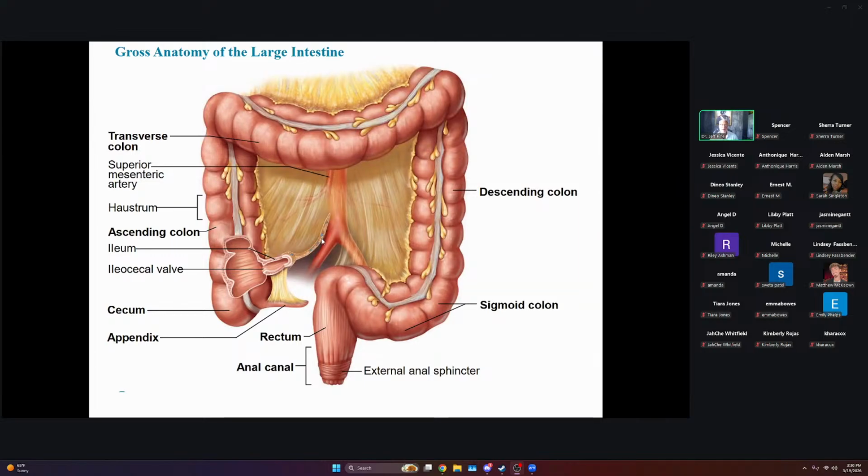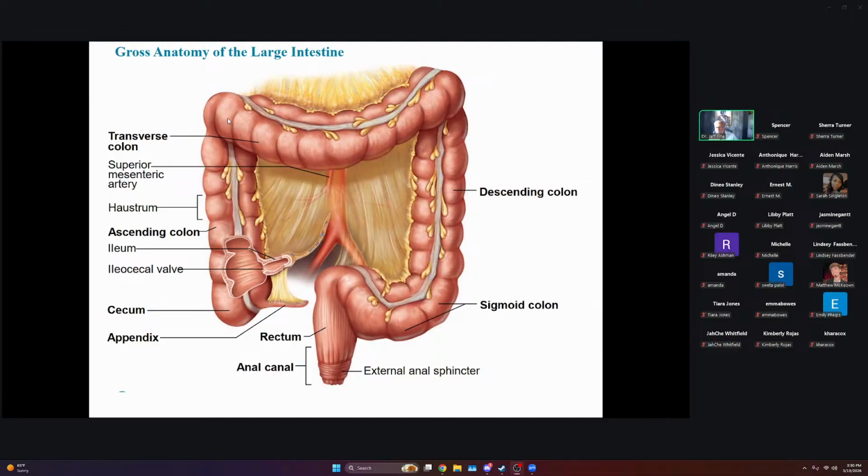But remember, the ileum, the last segment of the small intestine, articulates with the first segment of the large intestine, and that's right here, and it's called the cecum. Following the pathway of chyme or waste at this juncture, we go from the cecum through the ascending colon. We make a turn.